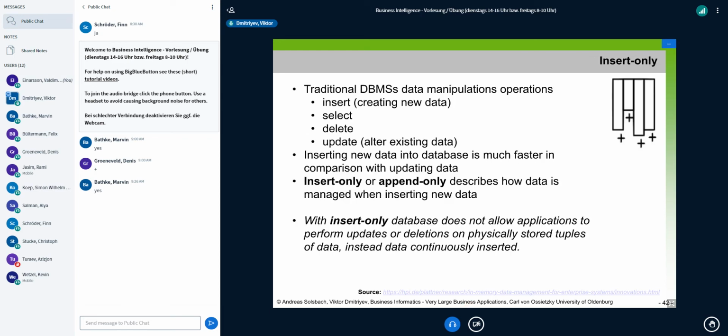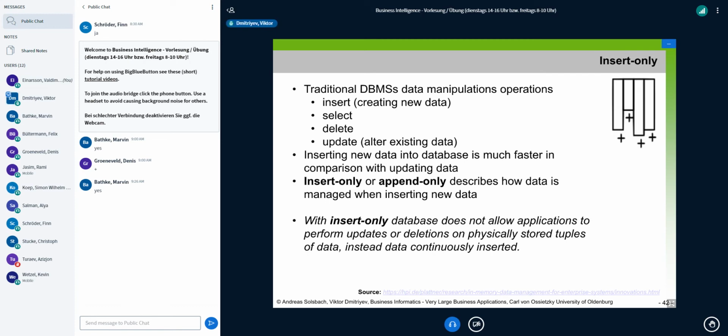Then insert only. It's not only true for the in-memory databases, but for the rest of the databases. So insert only basically means you don't delete the data, you just put in new data and mark the old data as outdated. Why is it needed? The most expensive operation for the database is update or delete.